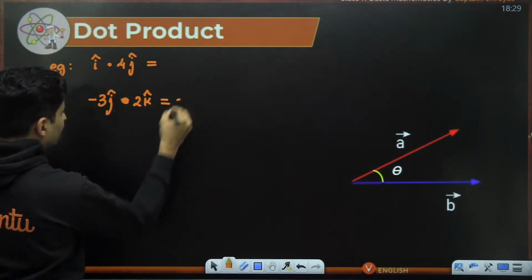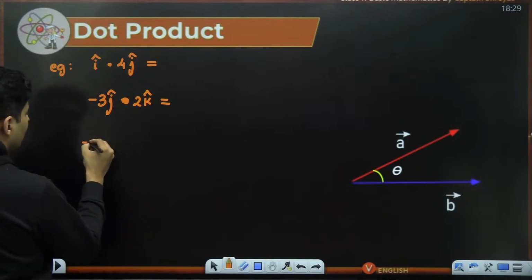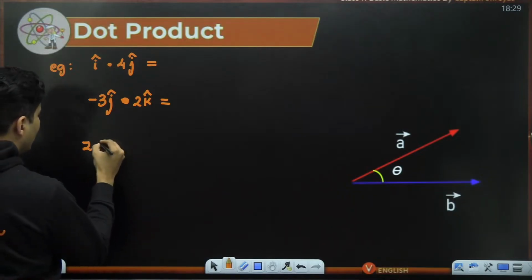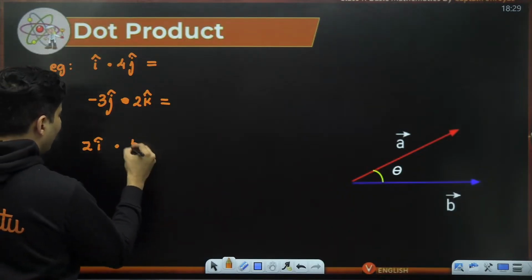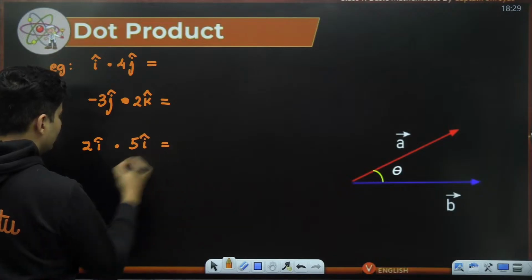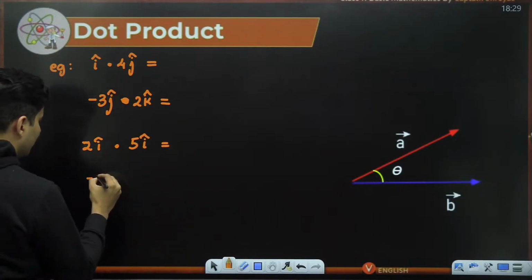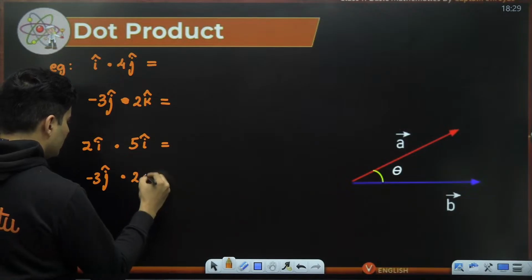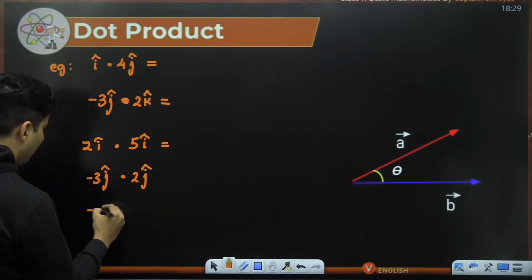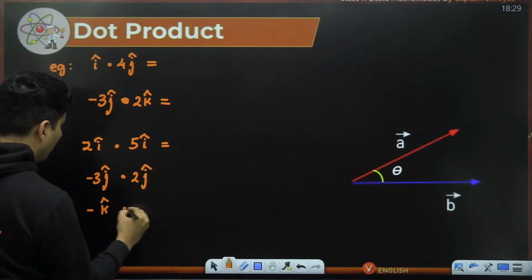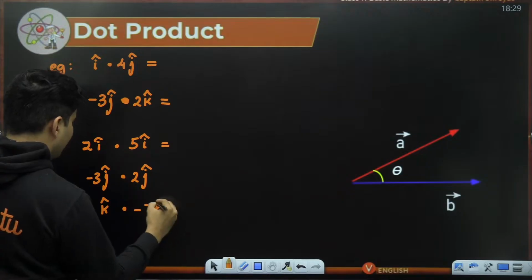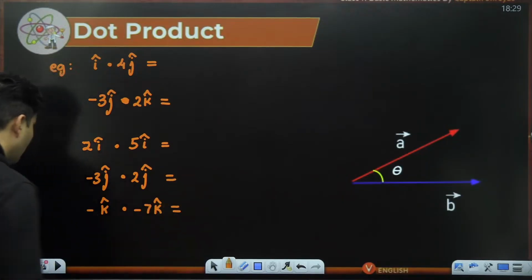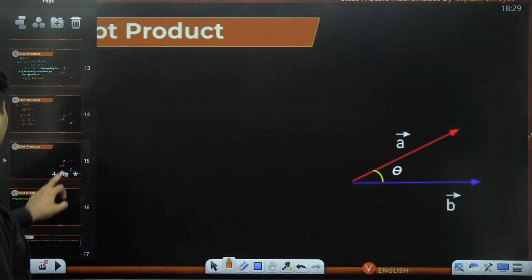What is the answer? Then let's say 2 I cap dot 5 I cap. What is the answer? Minus 3 j cap dot 2 j cap. What is the answer? Minus k cap dot minus 7 k cap. What is the answer? Come on, think about it. Then we'll go ahead.